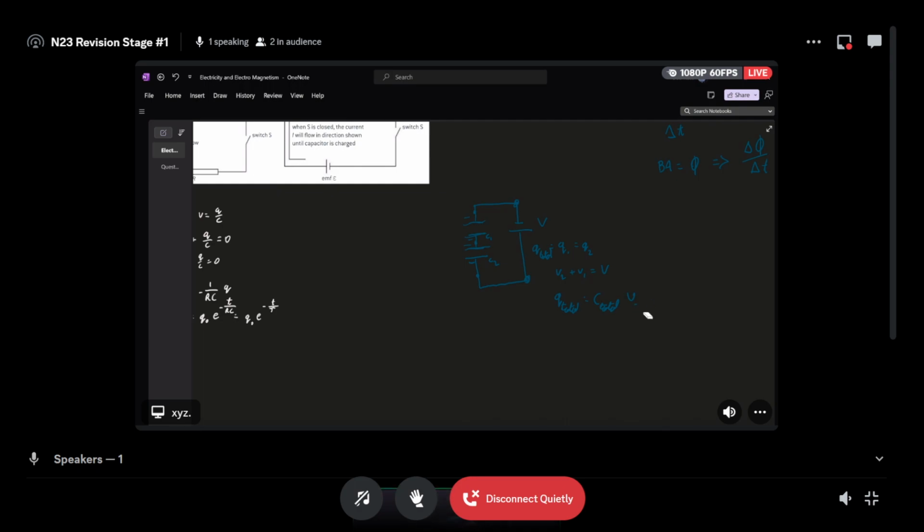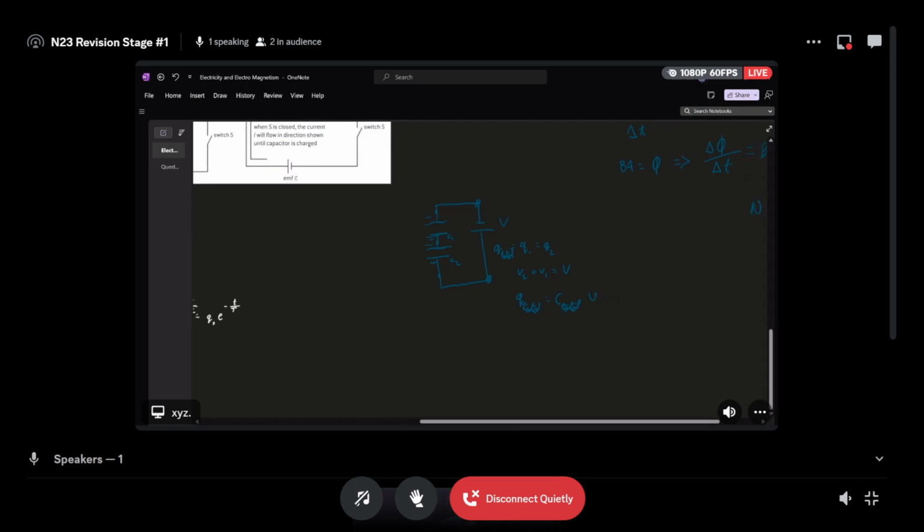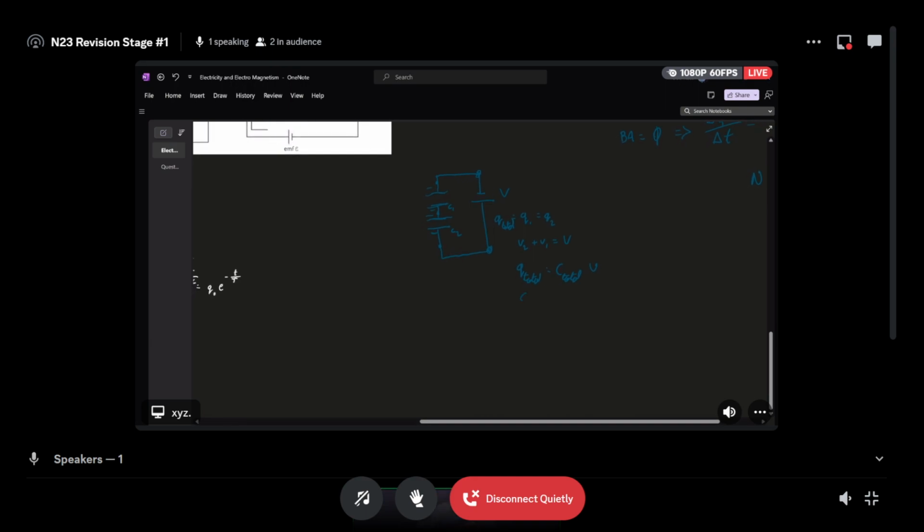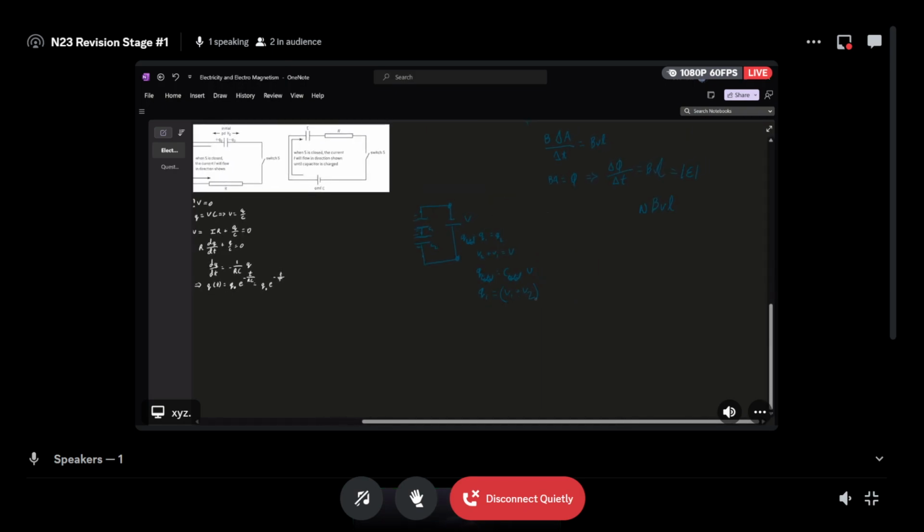And V total is just V. And Q total is either Q1, and C total can be anything, and V total is V1 plus V2.